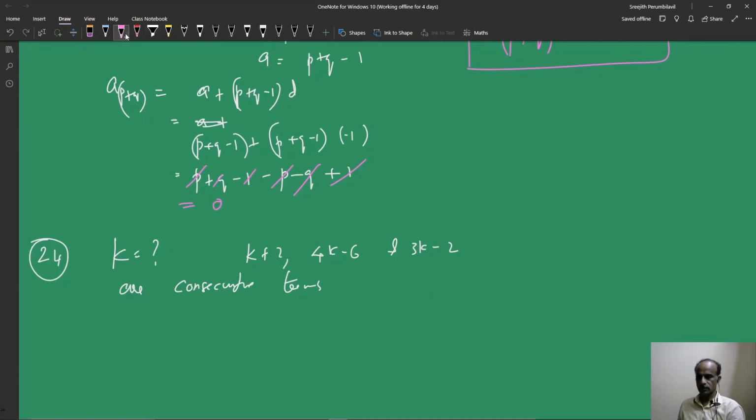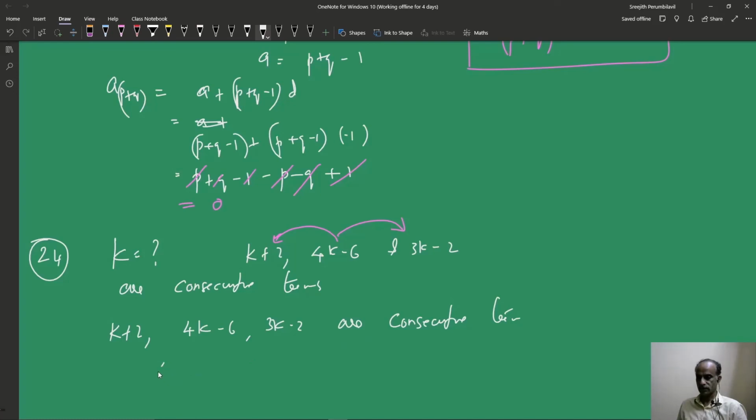If they are three consecutive terms, then the difference between these two should be equal to the difference between these two, right? This is a 2-mark question.